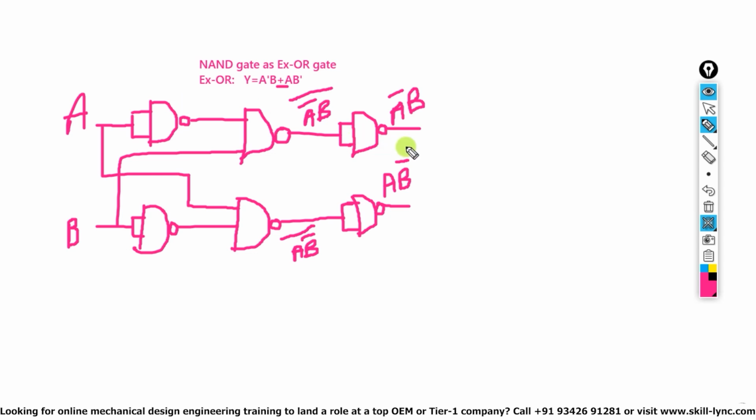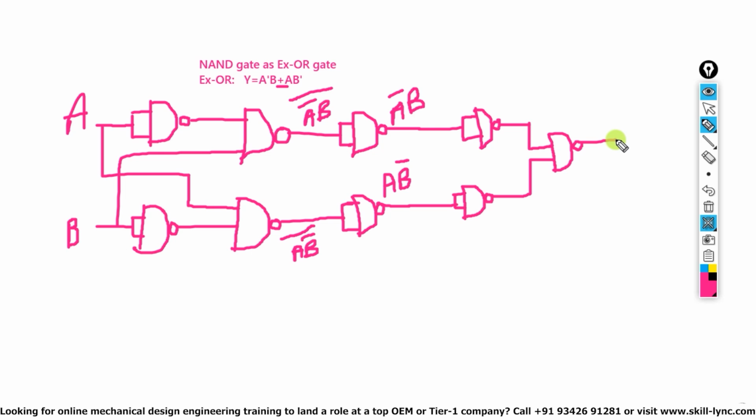If you remember, we use 3 NAND gates for the OR gate: put a NOT gate ahead of this, here also, and then put a NAND gate. It will become an OR gate.